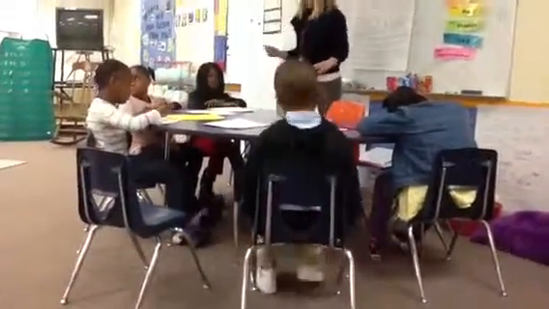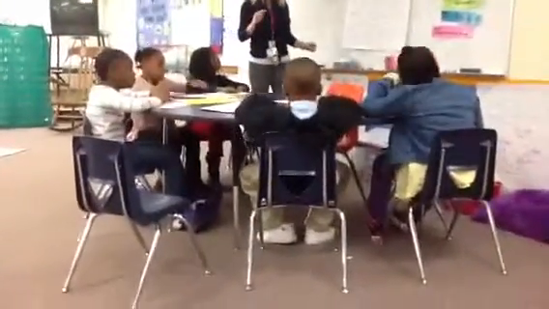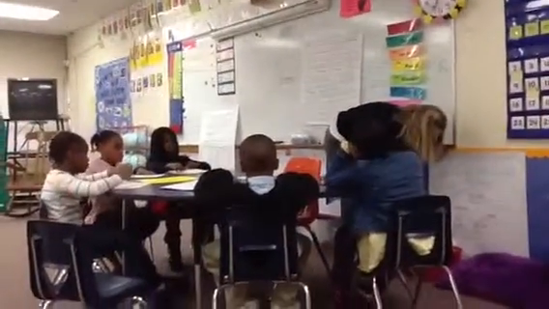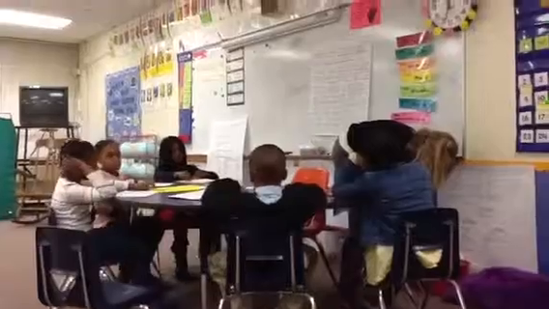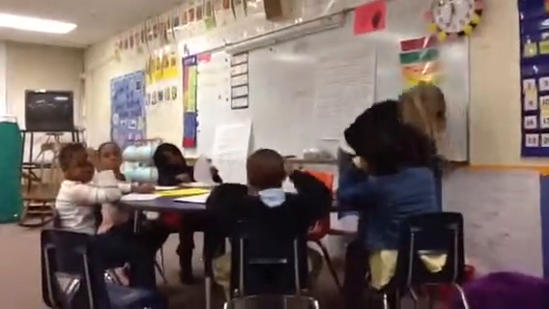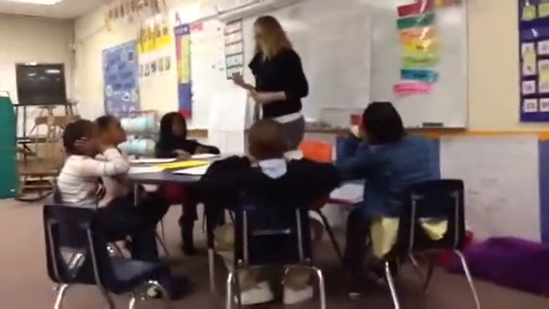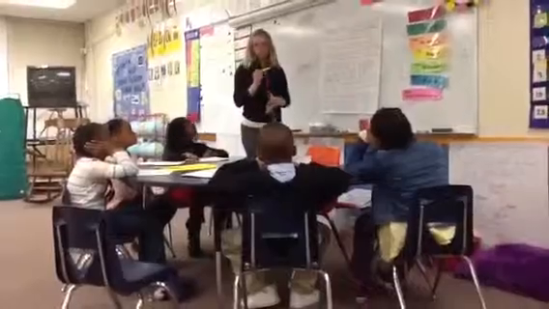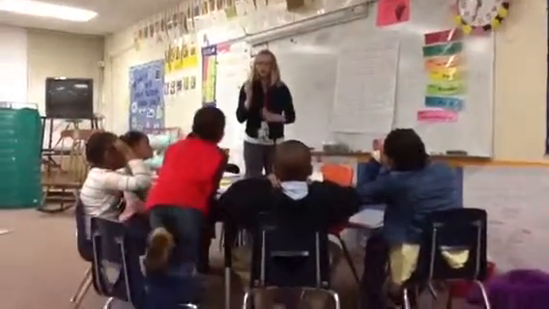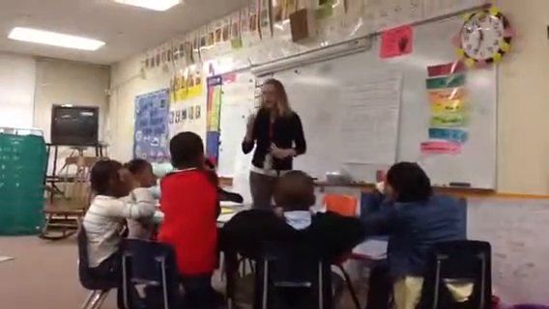So everybody point to paragraph number 1. Sit up for me, Alana. Here's what we're going to do. You're going to get a highlighter. And we're not going to complain about what color we get, are we? No. So you're going to get a highlighter. Now, are you listening? You're going to highlight, when I circle the main idea, you're going to highlight it.